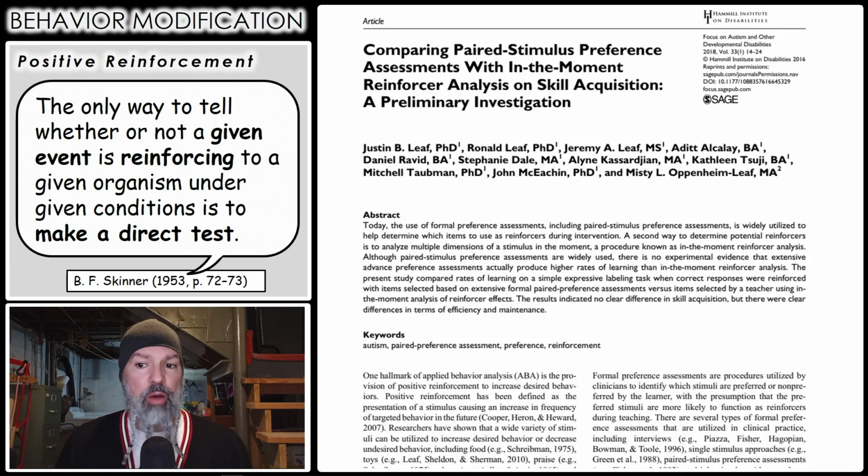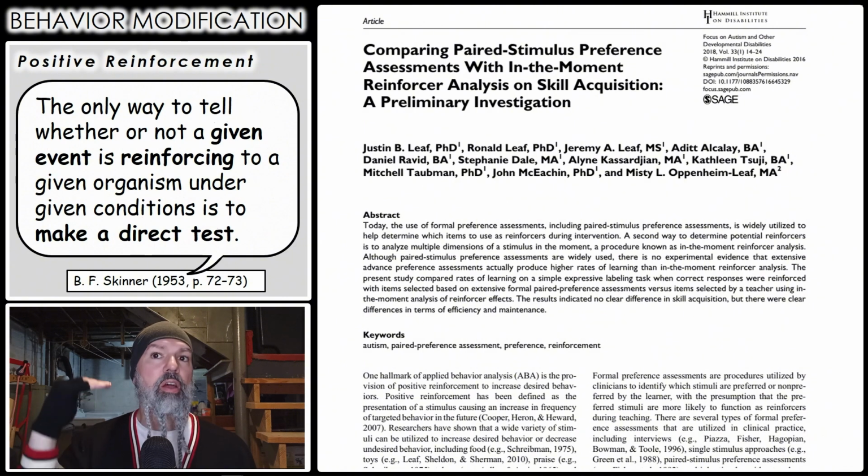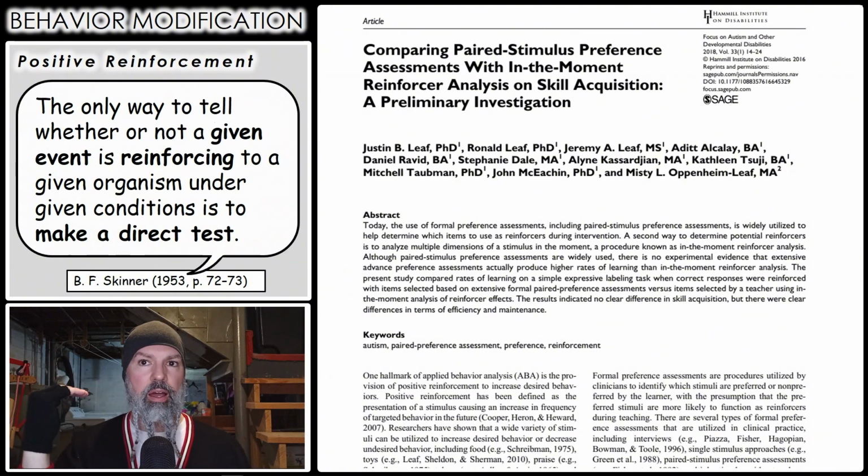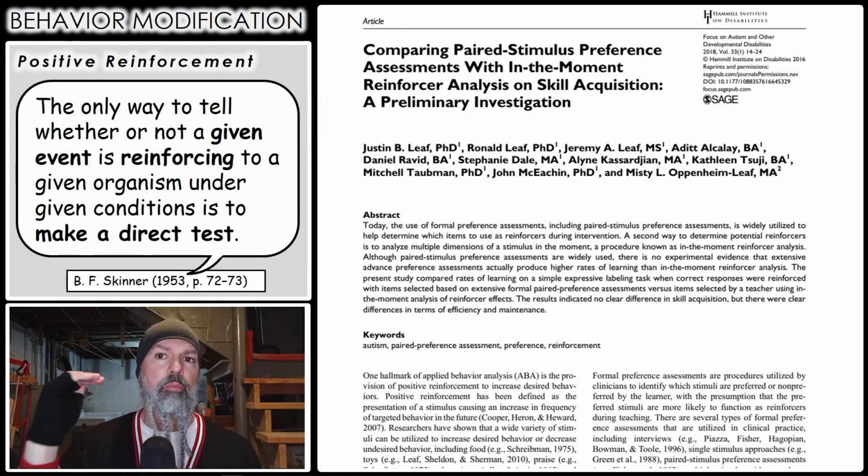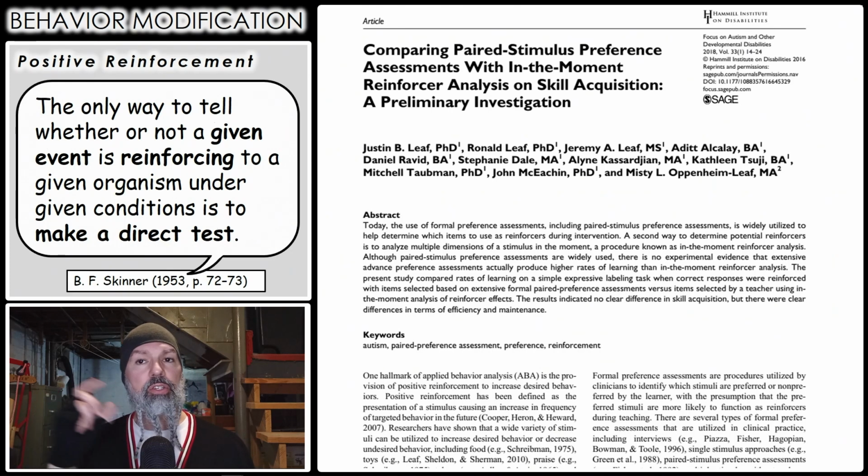So let's take a look at how effective in-the-moment reinforcer analysis can be. There are some formal ways to assess stimulus preference. And what a study by Leaf et al. found is that when you compare those formal paired stimulus preference assessments, these other ways of assessing whether a stimulus is going to be a good reinforcer or not, to this in-the-moment reinforcer analysis, which seems to be a very natural way to assess a reinforcer, there was actually no difference in learning outcomes.